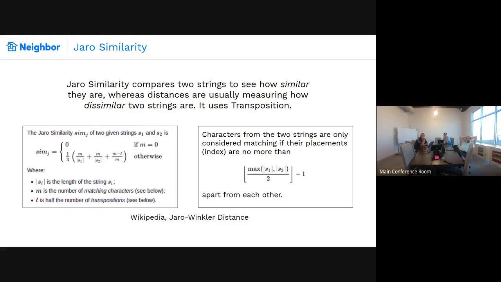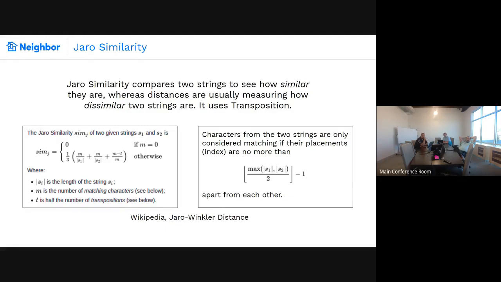The similarity pretty much just uses transposition. Again, you can consider some of the operations to be combinations of other operations, so it's not exclusive, but it's considering transposition, and it's a little more complicated to wrap your head around. The general idea is you're going to say, how many characters do the words have in common?